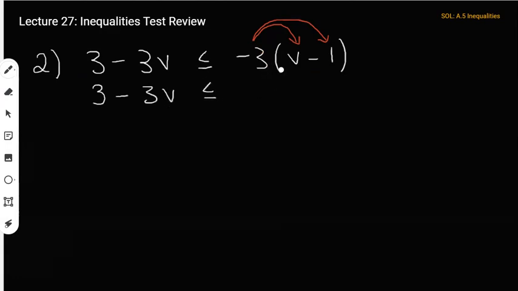But over here, if you multiply everything by -3, you get -3 times v. And then -3 times -1 is going to give you a +3. So that's the first thing that I do, the distributive property.